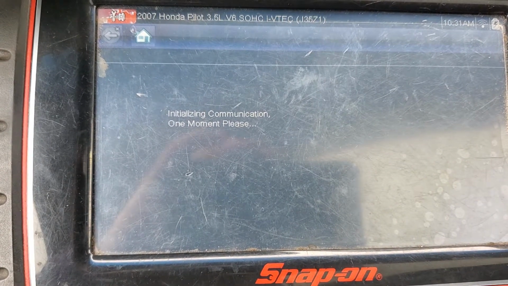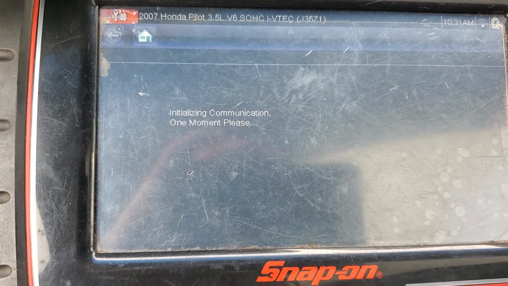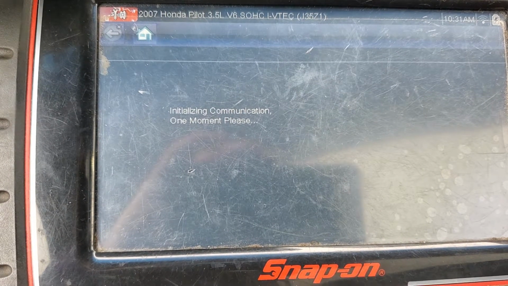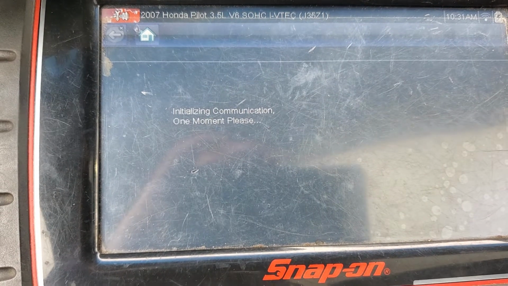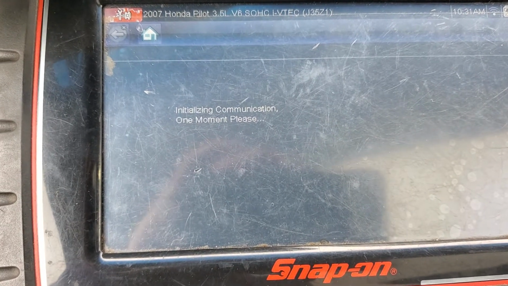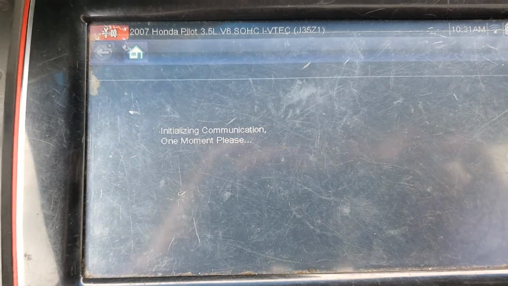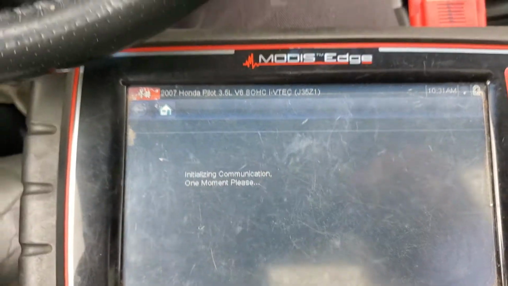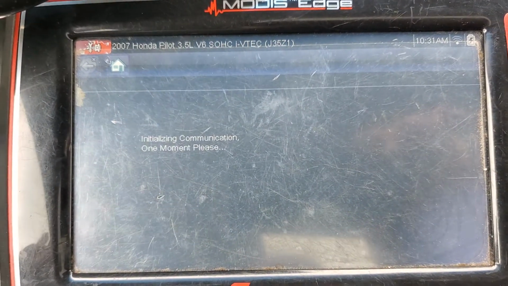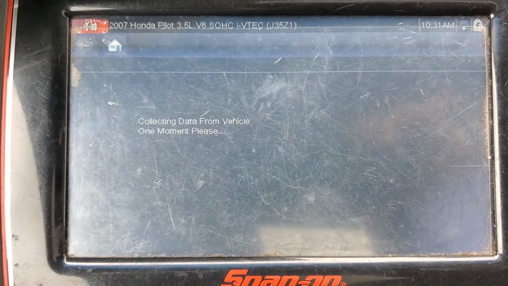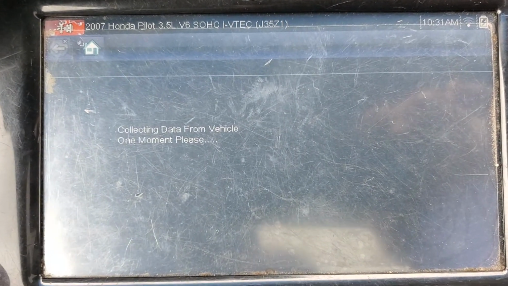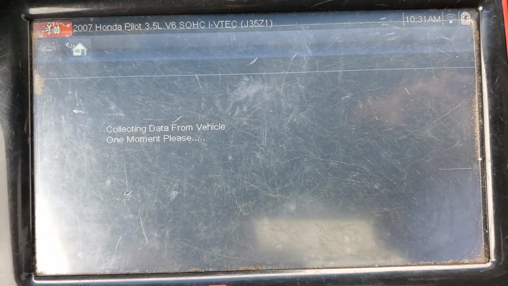Each Ford V10 out there, F53 chassis, or Ford F550, or a GM Workhorse has different parameters. But right now, generically on the OBD2 side, here we go, collecting data from vehicle. One moment, please. It's nice, being polite to you.